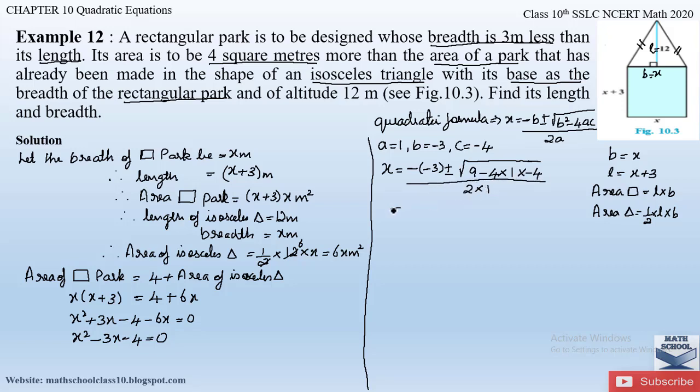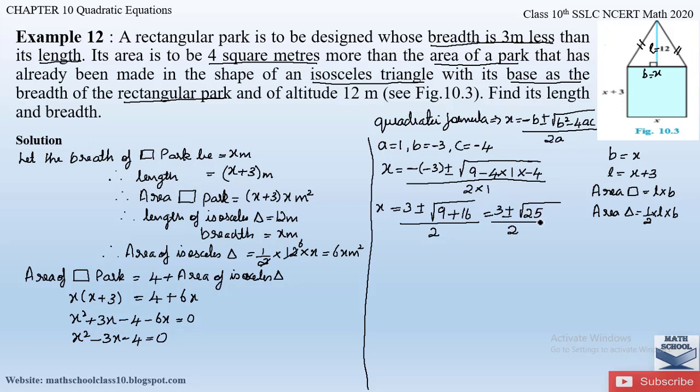So we will get x is equal to minus into minus is plus 3, plus or minus square root of 9, minus into minus will be plus 4 4s are 16, divided by 2. So we will get 3 plus or minus square root of, what is 9 plus 16? It is 25, divided by 2.